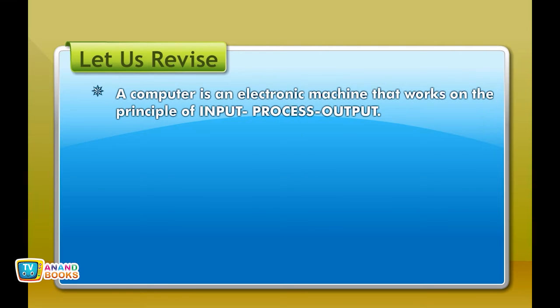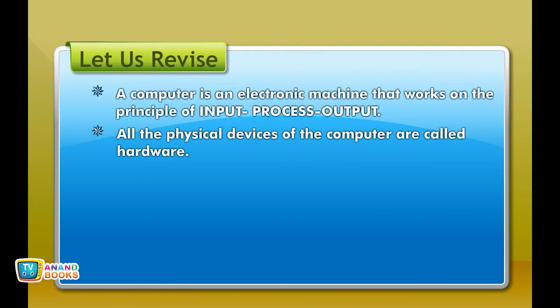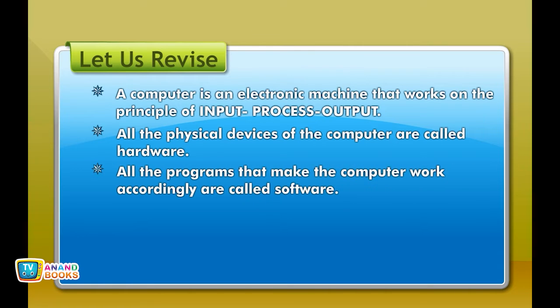Let us revise. A computer is an electronic machine that works on the principle of input, process, output. All the physical devices of the computer are called hardware. All the programs that make the computer work accordingly are called software.